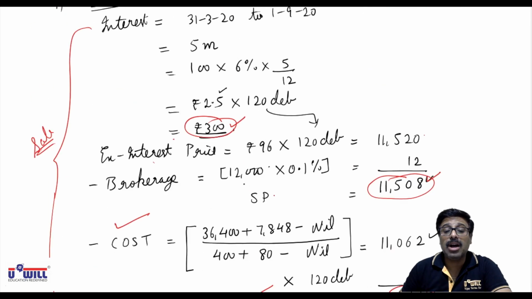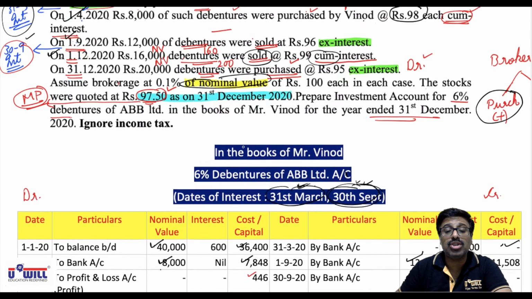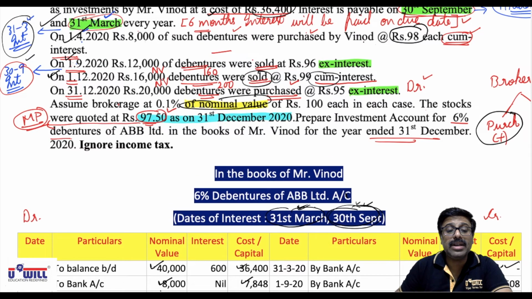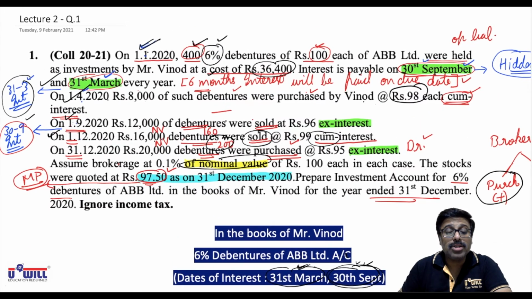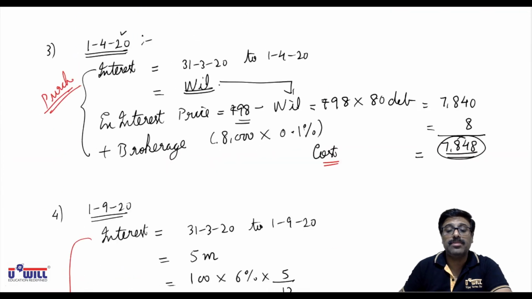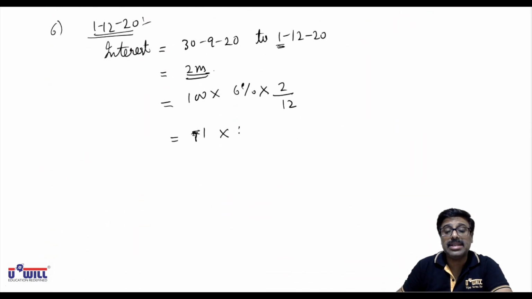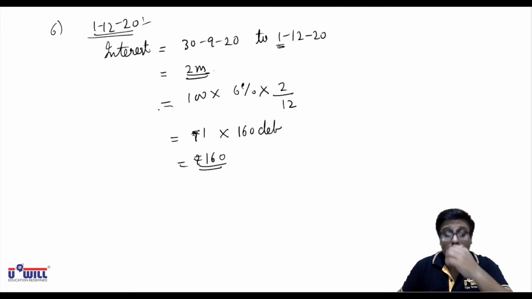multiplied by. Now see how many debentures are sold. Rupees 16,000 means 160 debentures are sold. So into 160 debentures, that would be equal to rupees 160 itself. This interest amount will come in which column? Interest column.